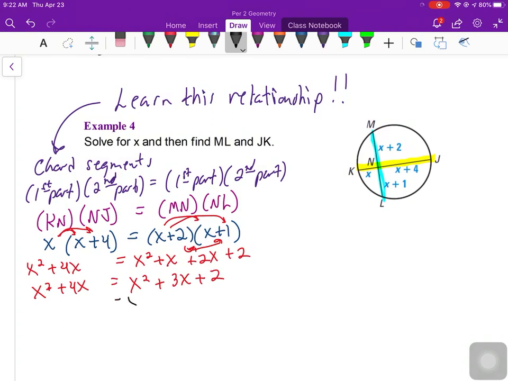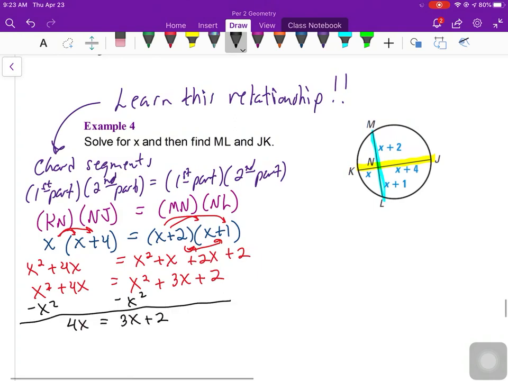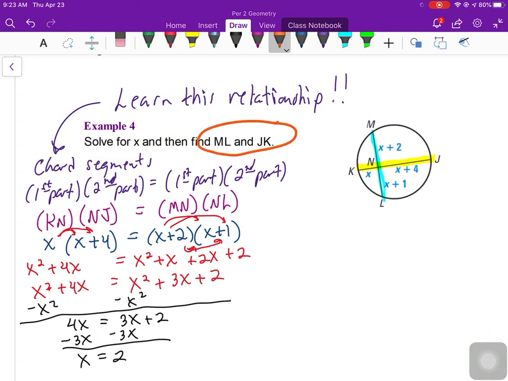I'm going to subtract an x squared on both sides. That leaves me with 4x equals 3x plus 2. We'll subtract 3x, and that leaves x equals 2. So we now know the x, but we were asked to find ML and JK. So let's find ML.